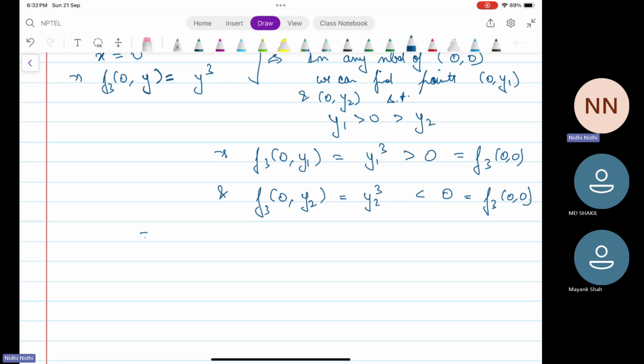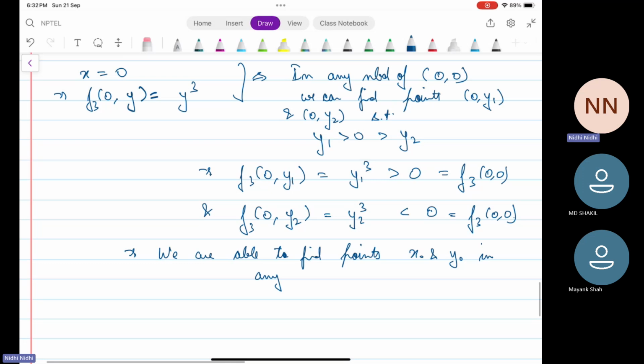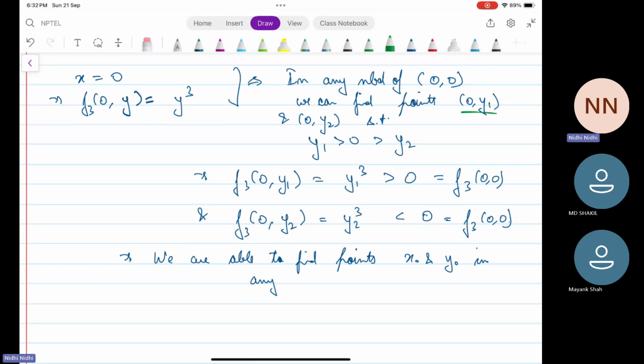We are able to find points x naught and y naught in any neighborhood. Since the existence of these points is independent of the neighborhood, whatever small neighborhood of origin you take, you will always be able to find y1, y2 such that one is positive and the other one is negative.